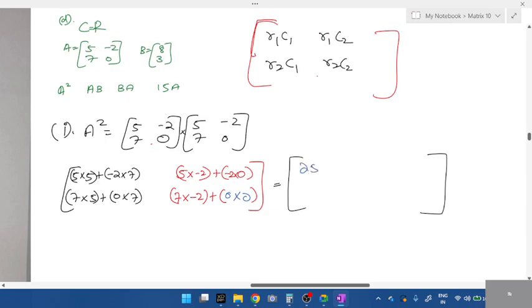So 5 into 5 is 25 plus minus 2 into 7. Minus 2 into 7 is minus 14. Don't miss out the sign. It should be minus 14.